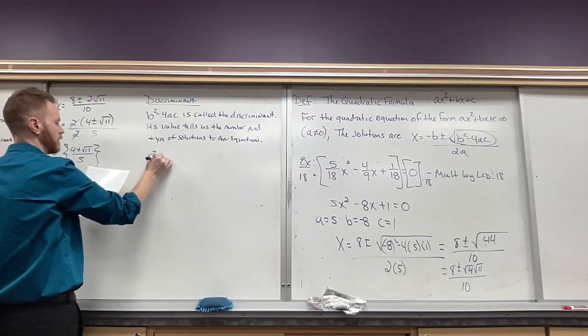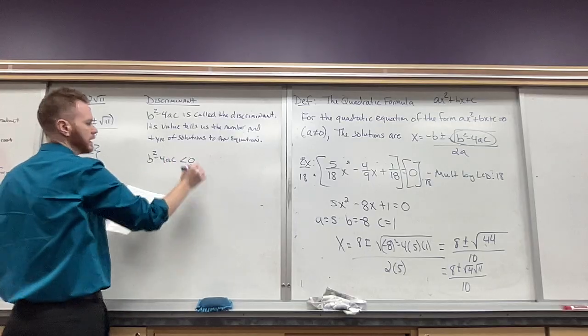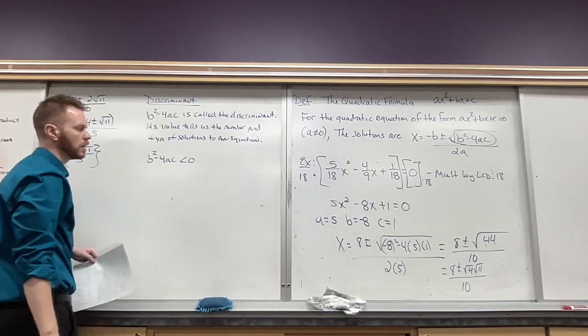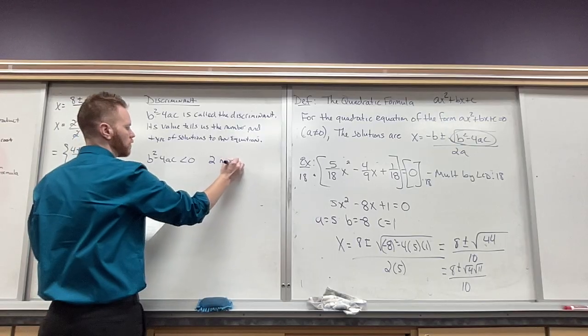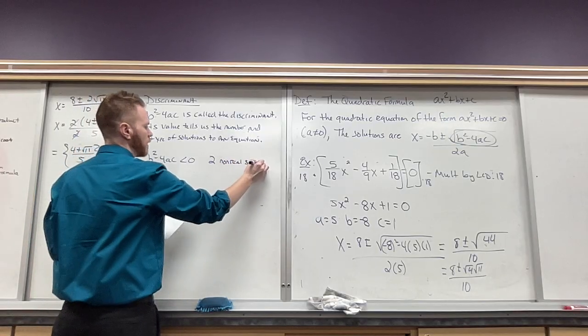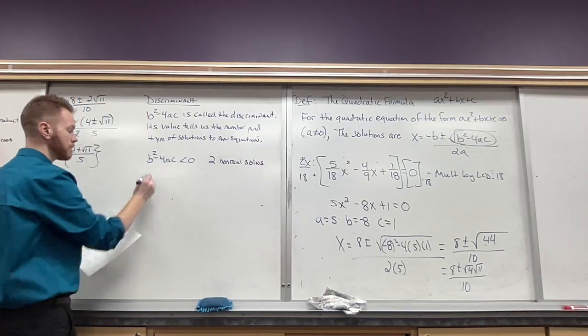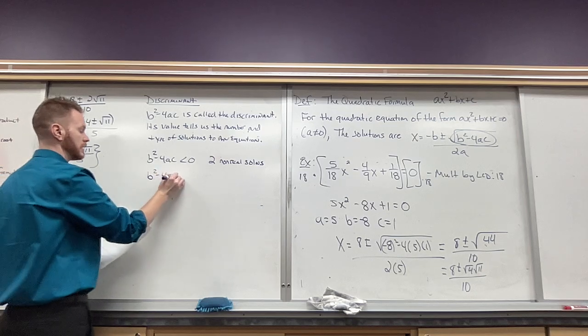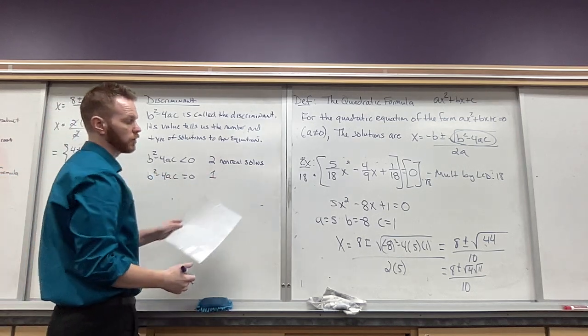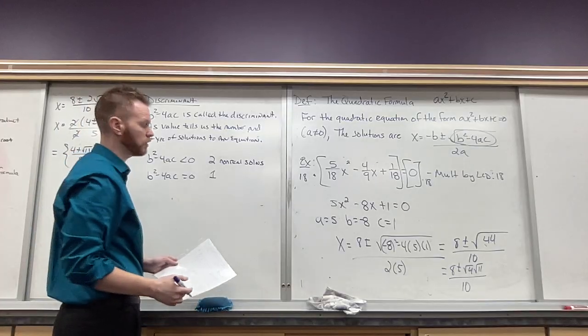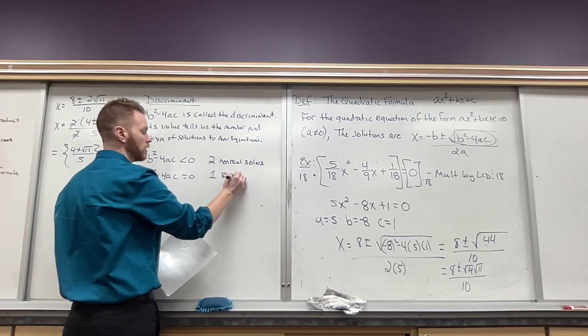So for instance, if we have something that's negative under the square root, we know we got i's. So we're going to have 2 non-real solutions. I'm going to abbreviate solutions, by the way. If it's exactly 0, well, the square root of 0 is 0, so there's nothing you're adding or subtracting. Therefore, you have just one real solution.